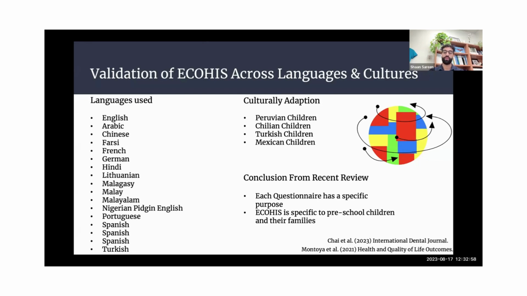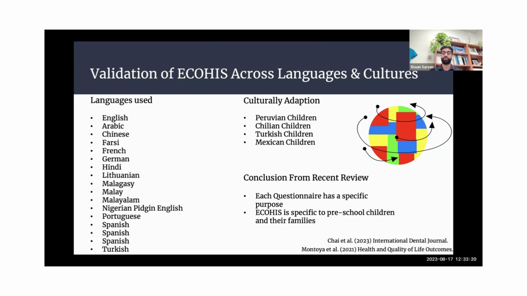And according to a recent study done by Chai and colleagues, they evaluated a total of about 12 tools to evaluate oral health related quality of life. And they found that no questionnaire was a one size fits all, and none was the best for measuring everything.